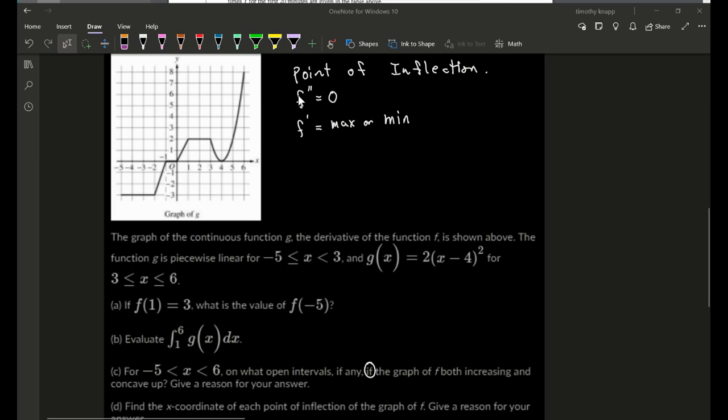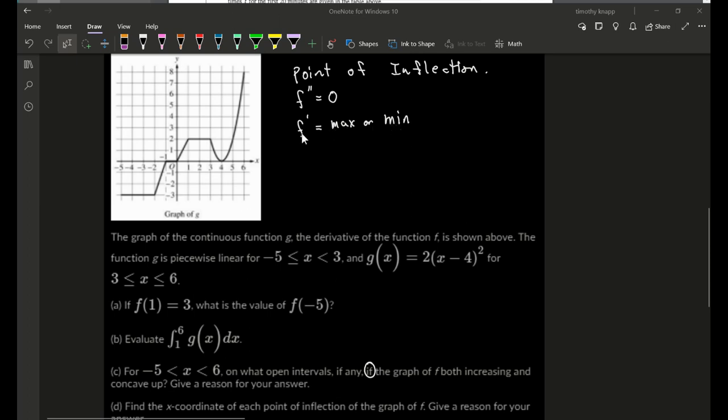So then what happens at the derivative? Okay, the derivative actually has a maximum or minimum, because remember, if you differentiate a derivative, you get a second derivative. And if you differentiate something and you get a 0, then that original thing has a maximum or a minimum.